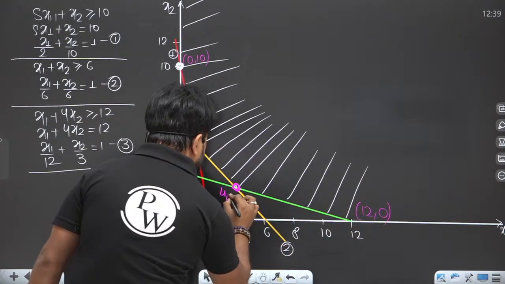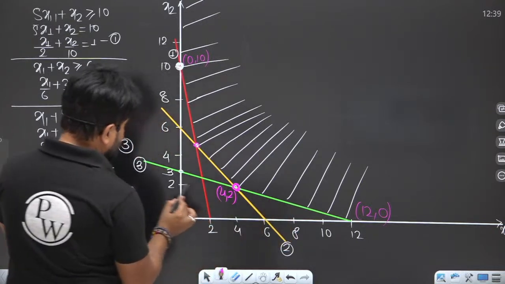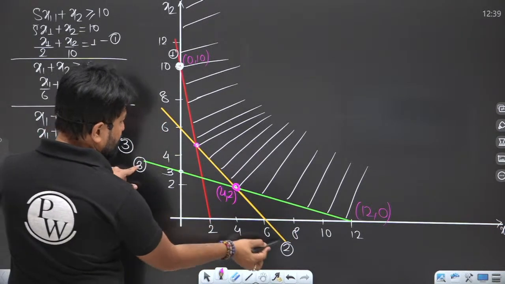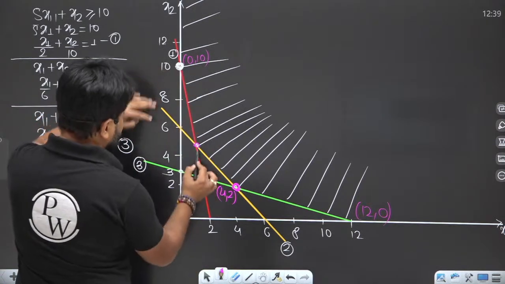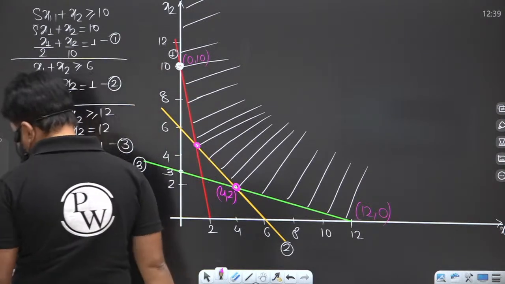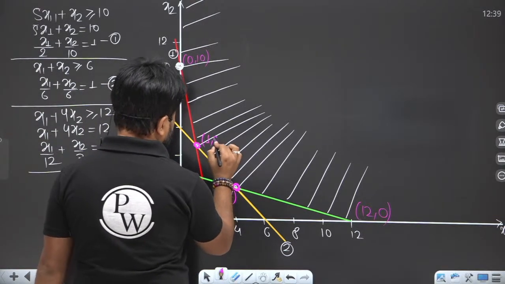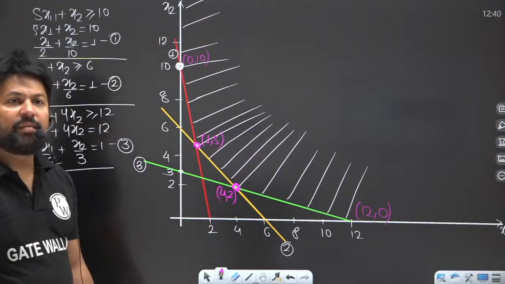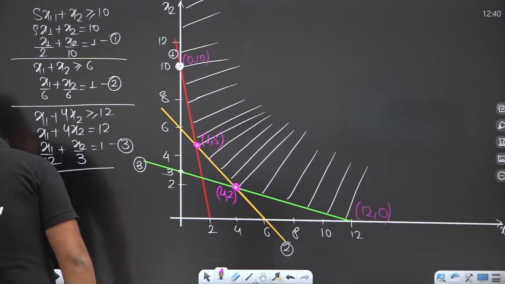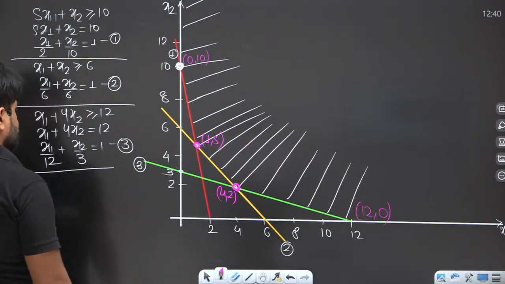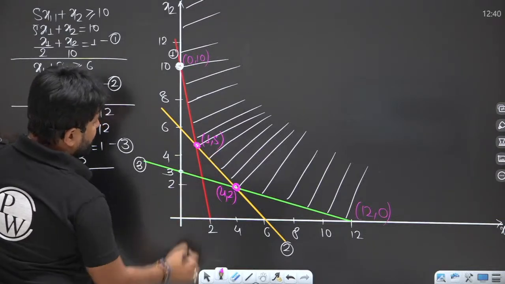When you solve equations 2 and 1, you will get this point. So this corner point is 1 comma 5, right? So at which point will you get the minima? I think 1 comma 5.